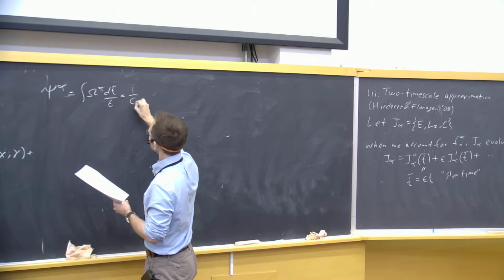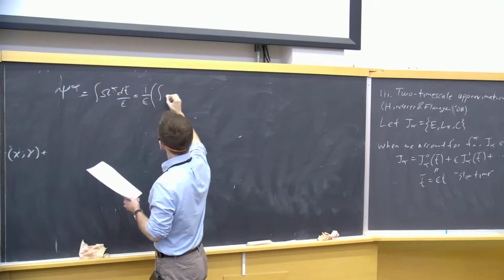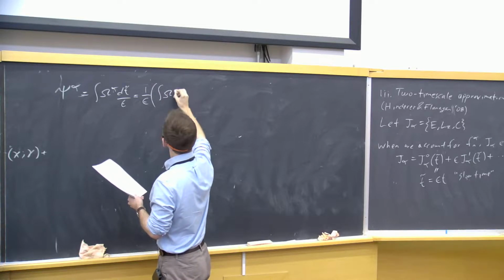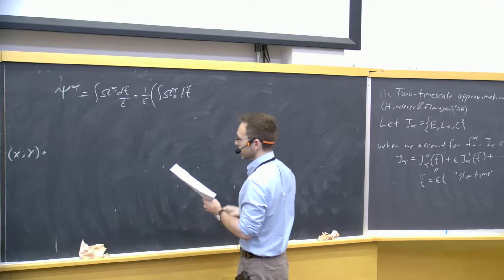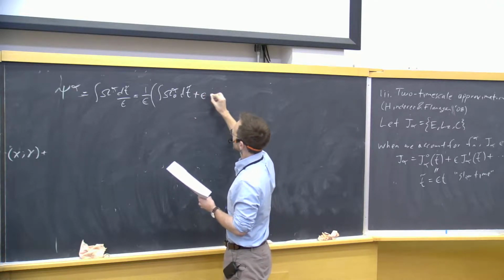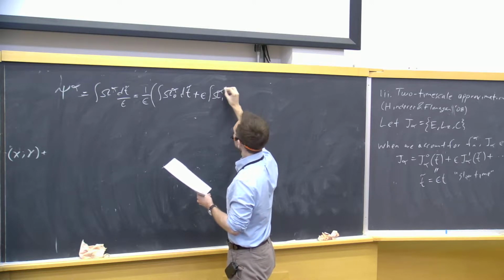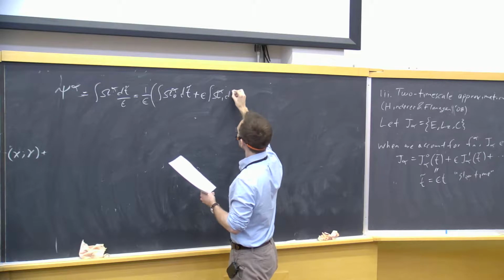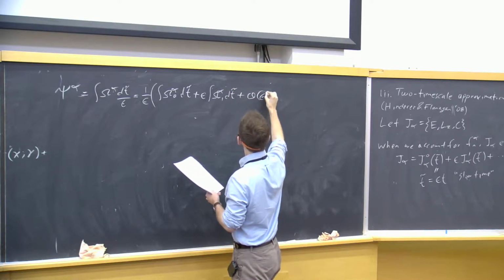So then we have an overall 1 over epsilon and an integral of the 0th order frequency plus a correction coming from the 1st order frequency plus higher order pieces.